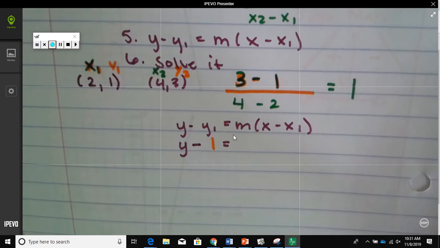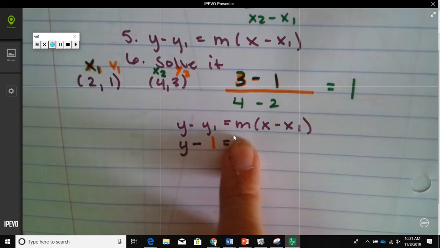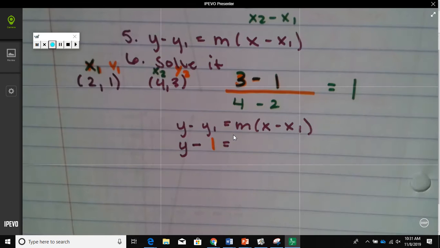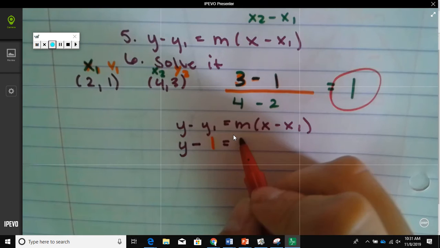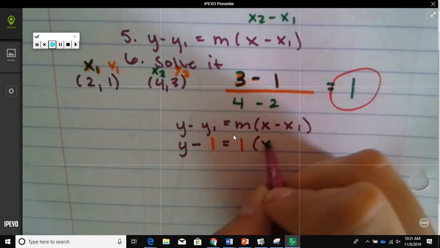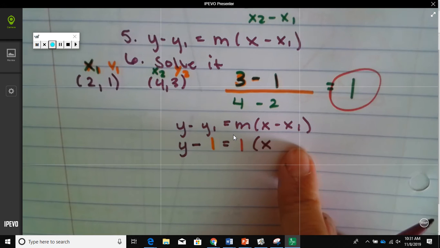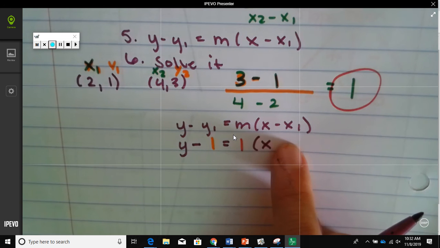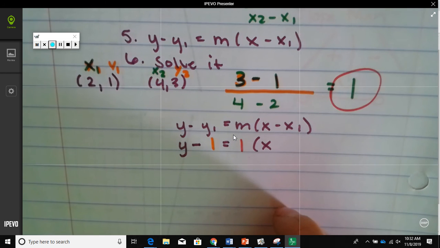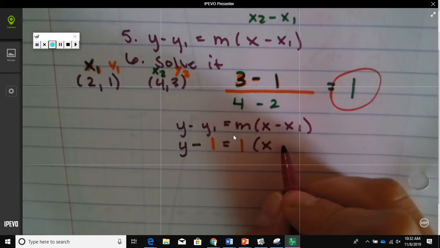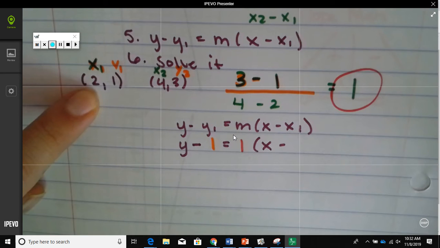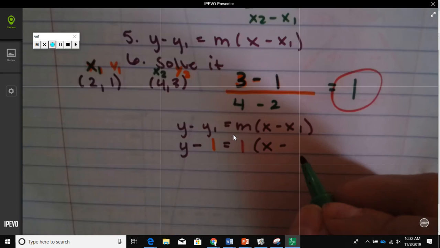Equals your m. What was my slope, Xochitl? Yeah, right there. It's 1. I calculated it. Then parentheses x. Now, my x1, is it positive or negative? So because it's positive, Omar, do I put minus or negative or plus? Minus, because it's positive. It's a positive 2, so I'm going to put it like that.